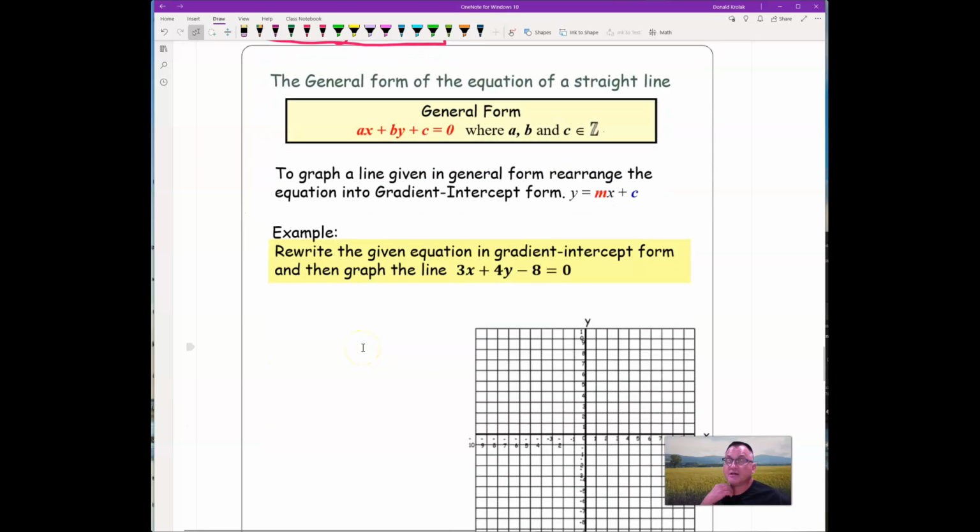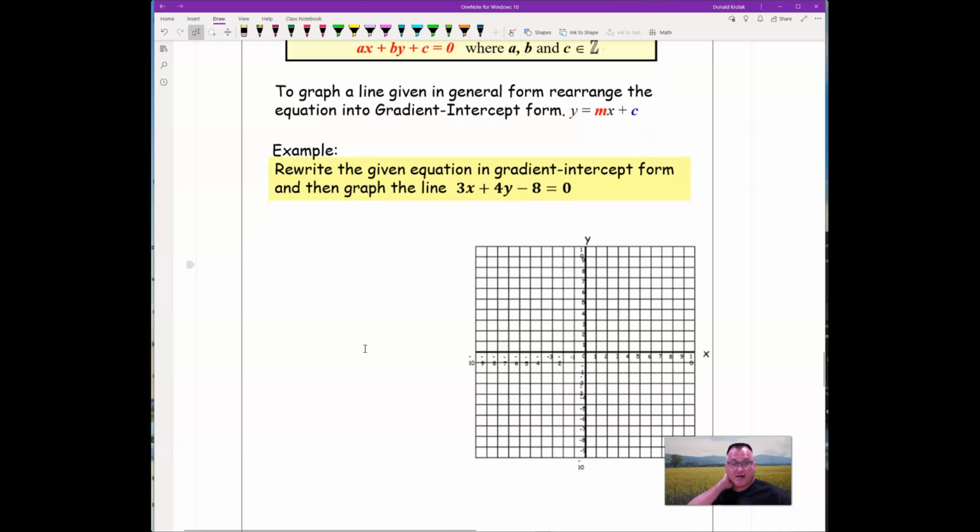Okay, if I have something in general form, well, how would I graph it? Well, I would take this and change it into slope-intercept form.